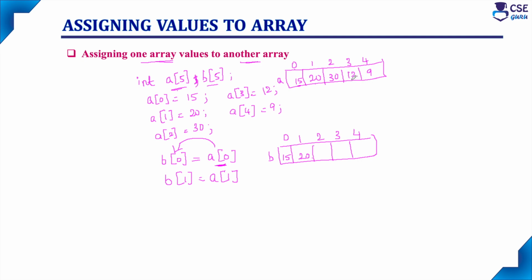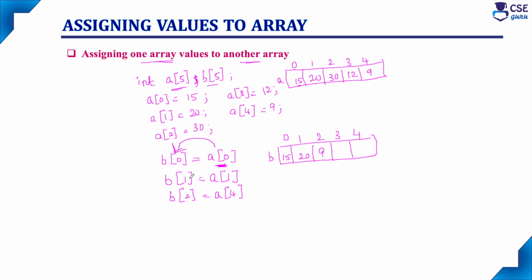Suppose I want to assign this A of 4th location value to B of 2, it is also possible. That is B of 2 is equal to A of 4. What is the value stored in A of 4th location? I have assigned to B of 2. So 4th location, what is the value? 9.